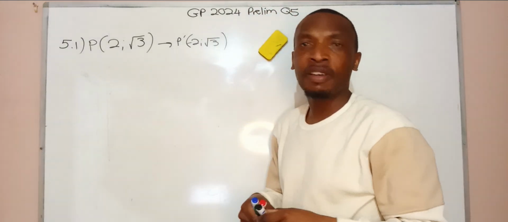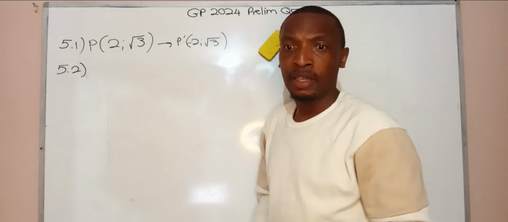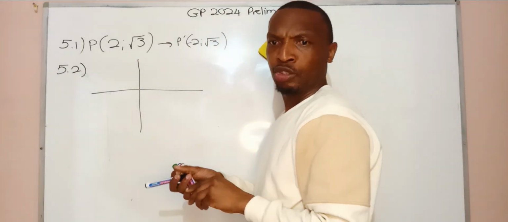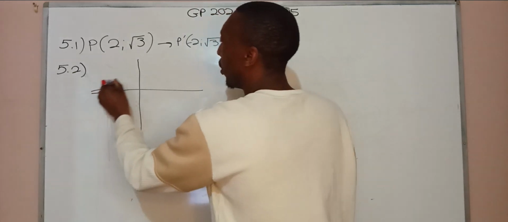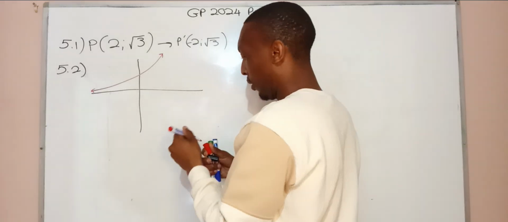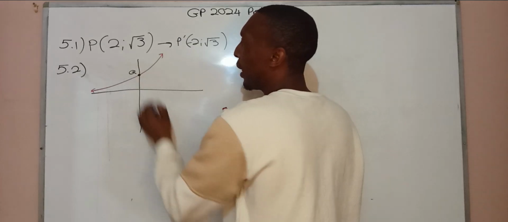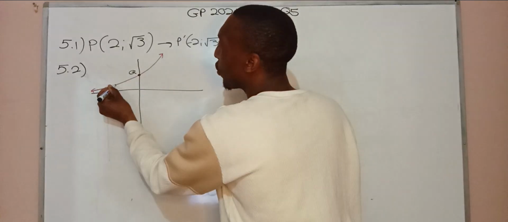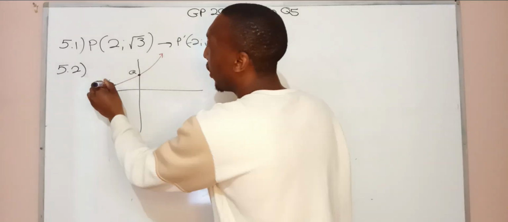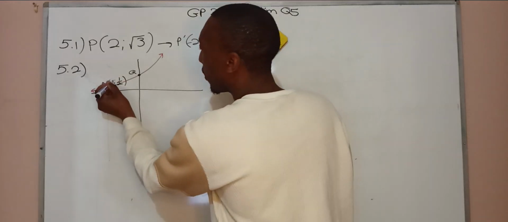Let's look at 5.2 now. The fun begins. They give you a sketch, and let me draw the graph. Okay. And this graph goes through Q on the y-axis. It cuts the y-axis at Q. And it goes through the point (-1; 1.5).